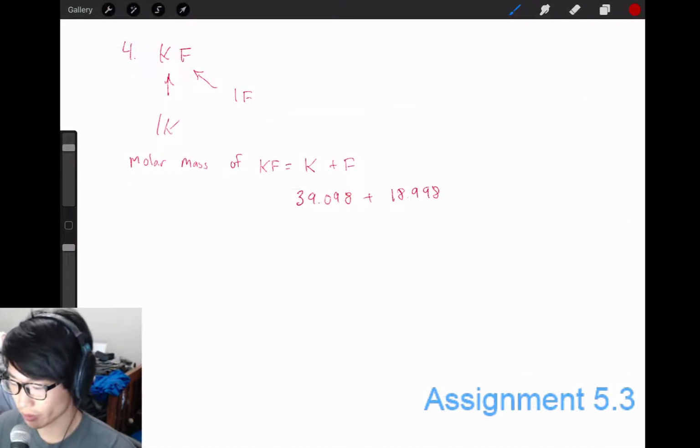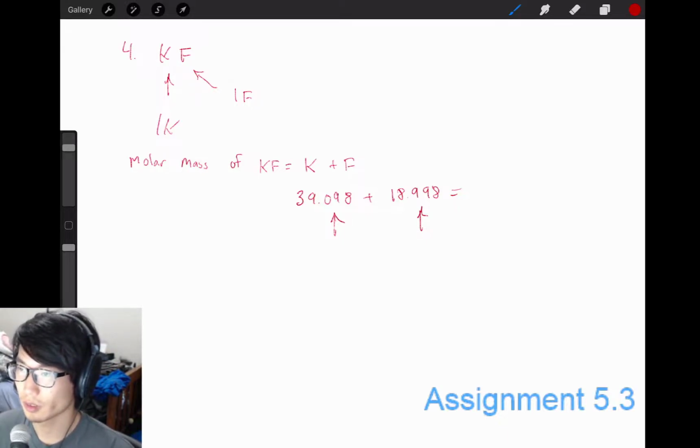So I have that stuff written down. I'm going to go here. This is the mass from the periodic table. These are both the masses. I'm going to plug that into my calculator, which I do have on hand. So that is 39.098 plus 18.998.